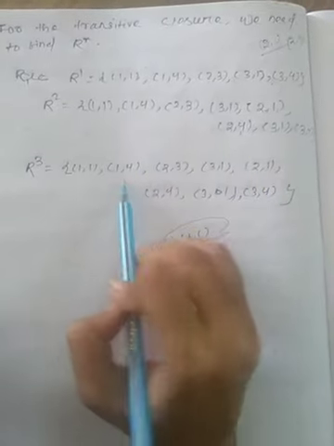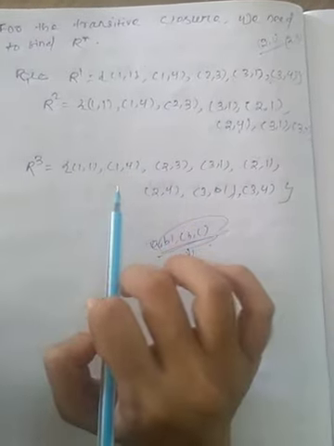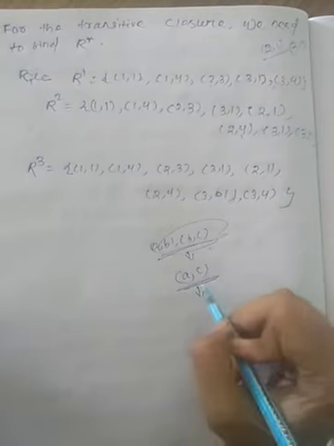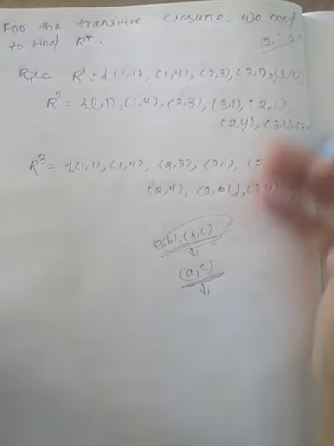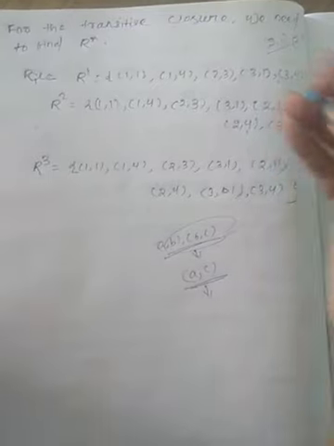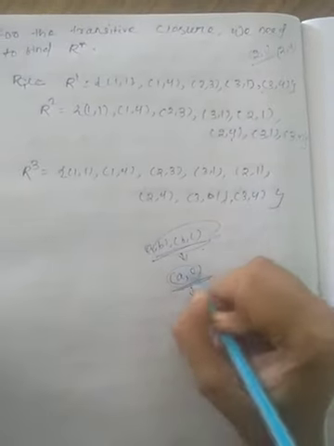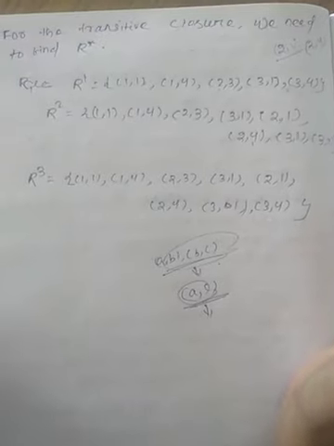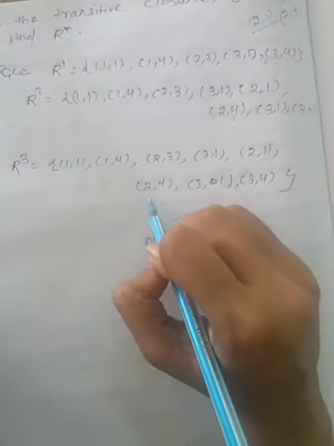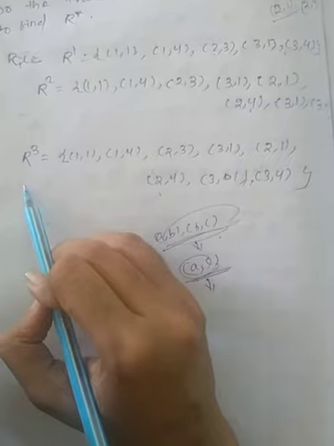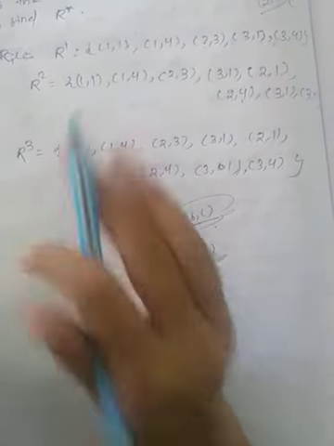No. So R3 would be same as this. If I get some extra pairs like this, I have to add more (a,c)s. Okay, so there are no lacking elements, so I can conclude here. So this is the transitive closure of relation R.